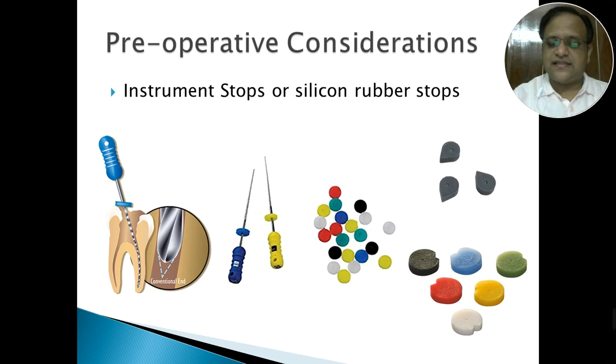The K files, the 06 or 08 or 10 number K files, are flexible enough to go into all the curvatures of the canal. Also, they are stiff enough to cut through the debris, the pulp tissue or necrotic tissue that is available, or a certain amount of soft dentine that is there. So it can go through that.